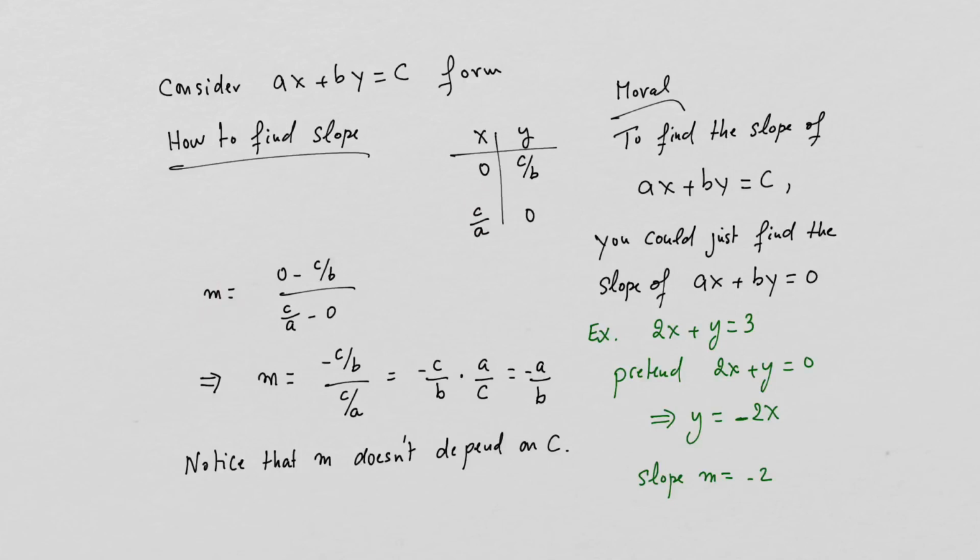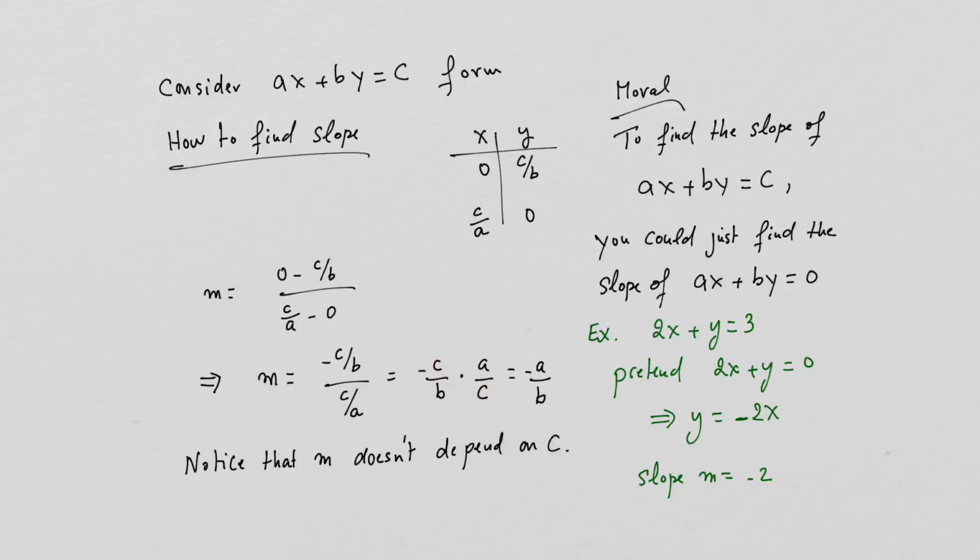So now let's find the slope. Slope is this minus this over this minus that. 0 minus c over b divided by c over a minus 0. The 0 cancel, you get that. When you divide fractions, you multiply by the reciprocal of the second fraction. So minus c over b times, instead of division, it's times, and you flip this.